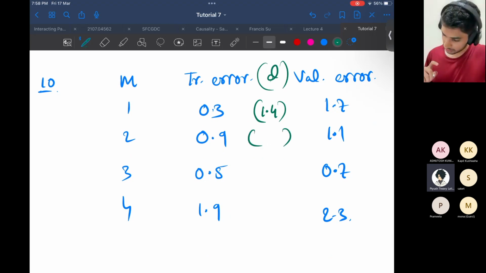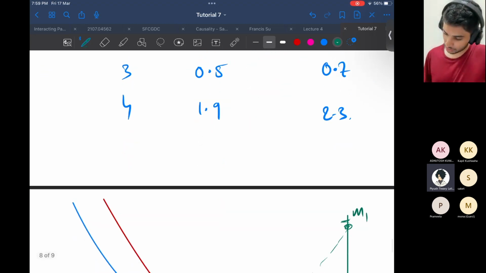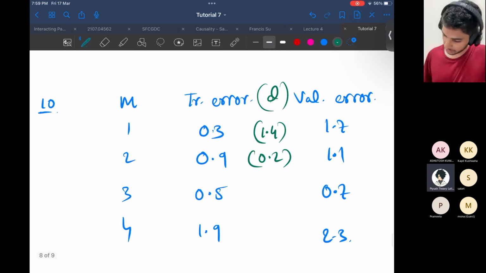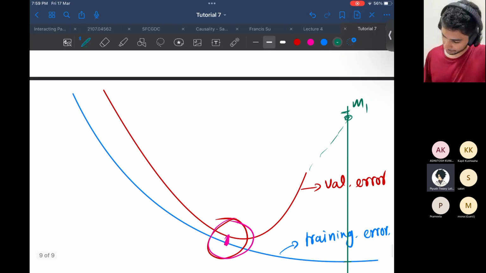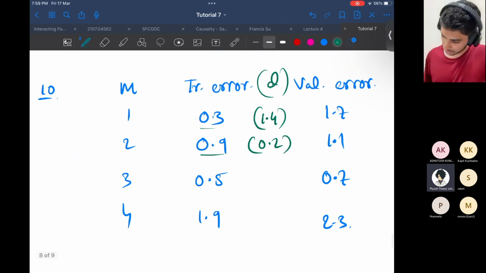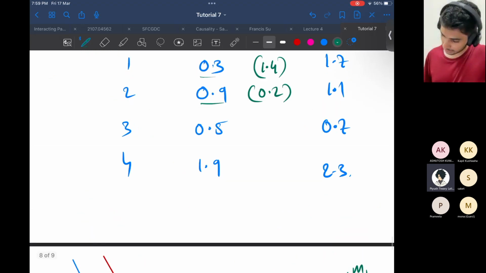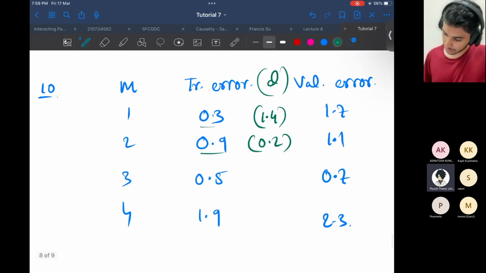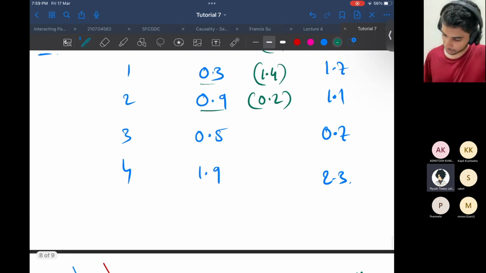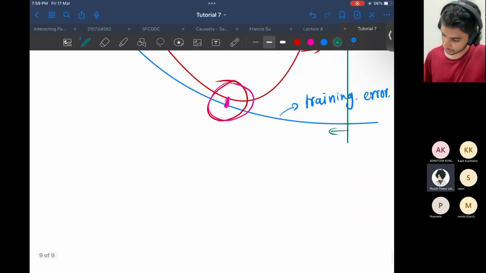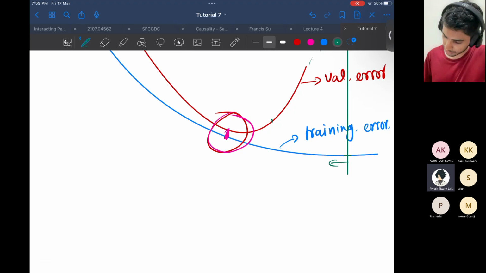This has a difference of 0.2. It also has some training error, which is more than the first one, so a bit more here maybe. It still has a high validation error, 1.1, but the difference is just 0.2. So maybe somewhere here, something like this.